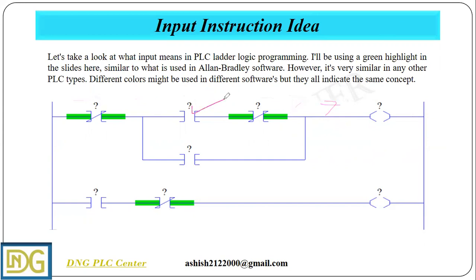When you press this button instruction, it is energized and forwards the signal to the next instruction, and then our output instruction is energized and shown as highlighted. Highlighted means energized, turned on.